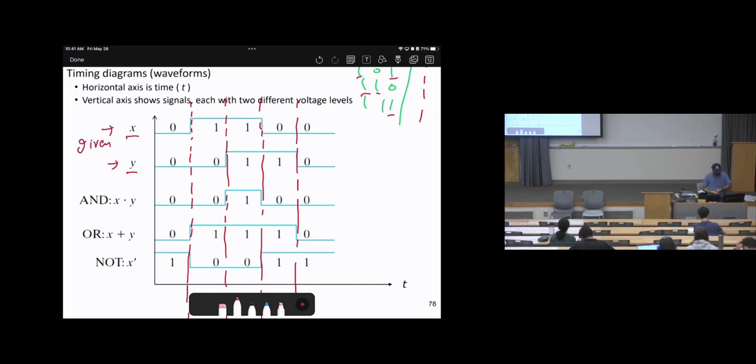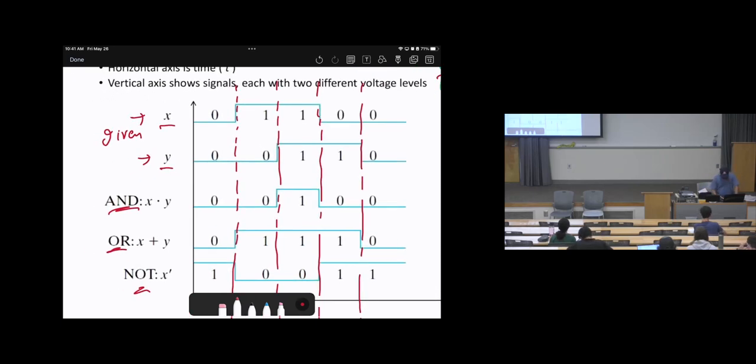Now we need to calculate AND, OR, and NOT. Whenever we have 0 and 0, their AND of course will be 0, their OR will be 0, their NOT will be 1. Clear?